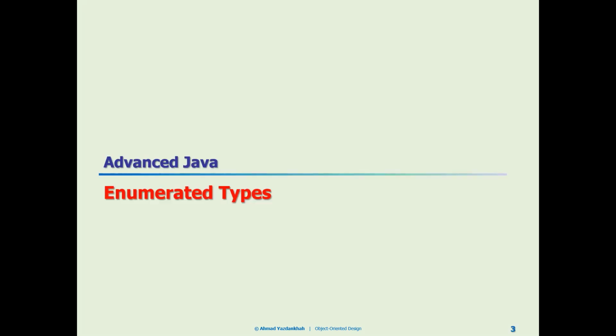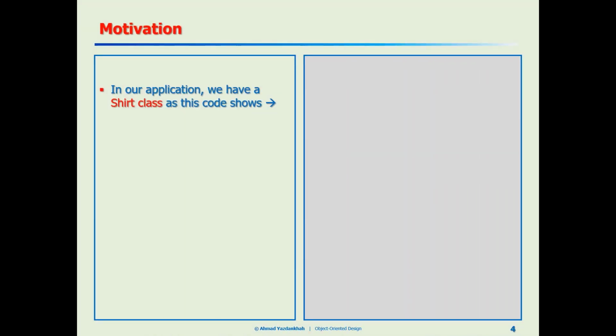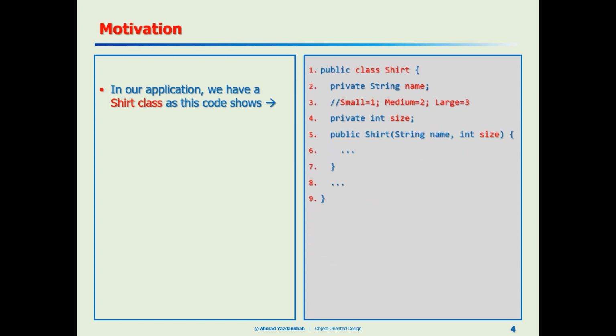What is a Java enumerated type? Let's assume that we have a class called Shirt, and this Shirt has a name and a size and a regular public constructor like this, name and size.